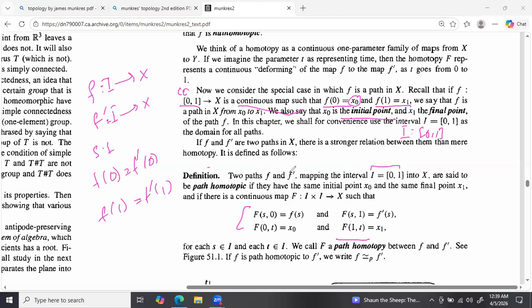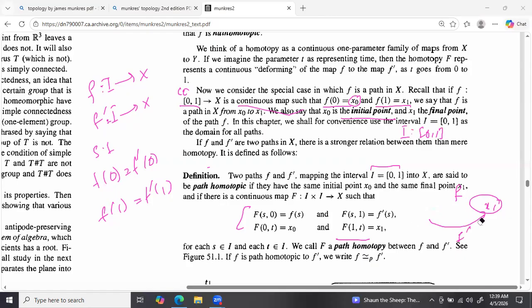Okay, f and f prime are continuous paths from I to X, said to be path homotopic if they have the same initial point and terminal point x1, meaning x naught is the initial point of f and the terminal point of f is x1, and also x naught is the initial point of f prime and x1 is the terminal point of f prime.